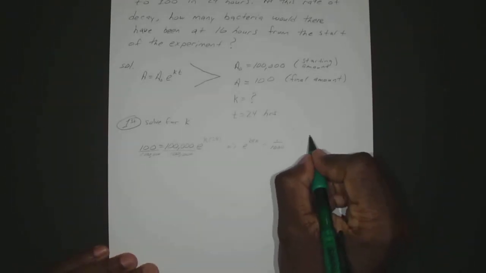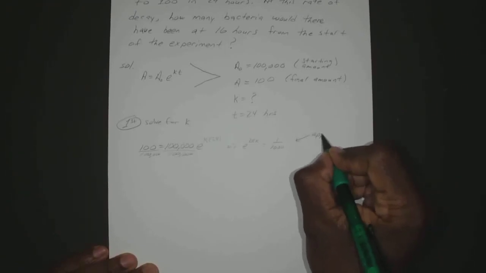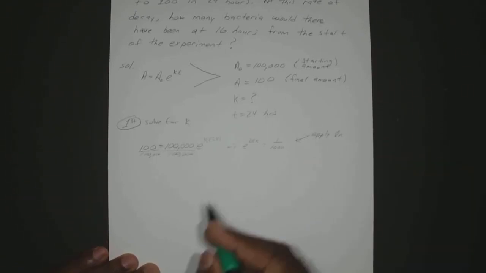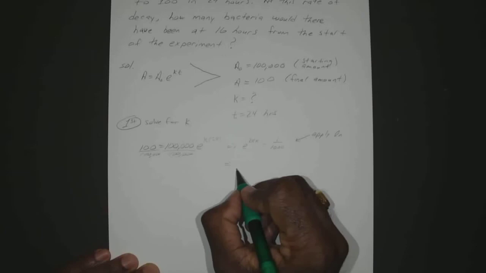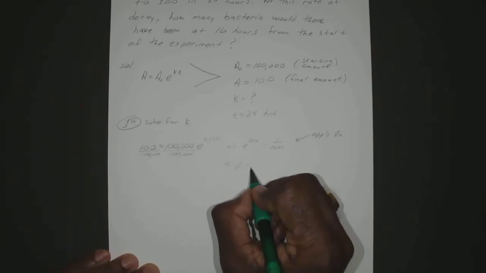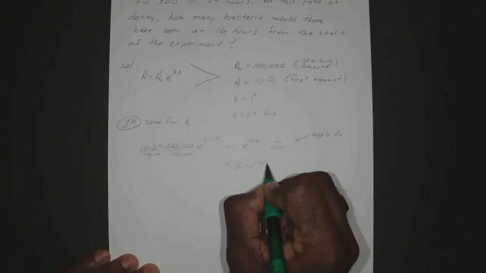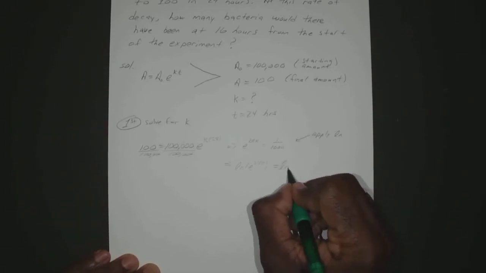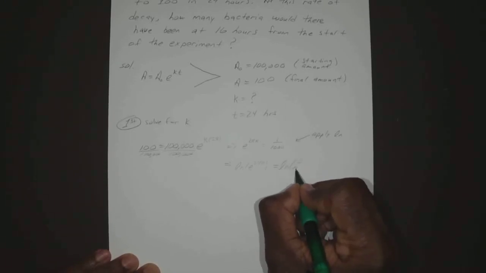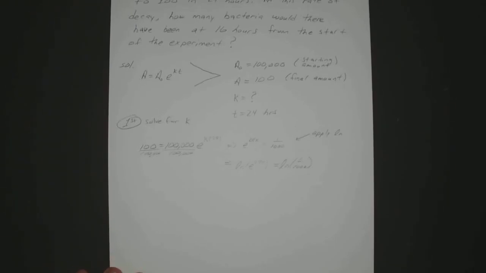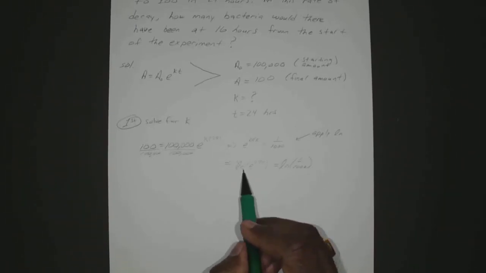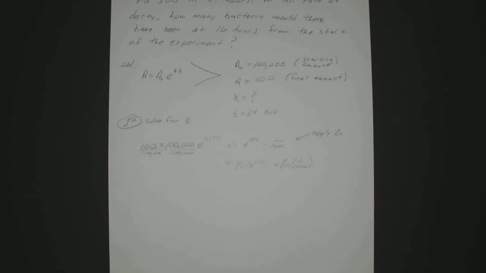Now if we apply natural log to both sides, that gives us natural log of e to the 24K equals natural log of 1 over 1,000. Our natural log and e cancel each other out.